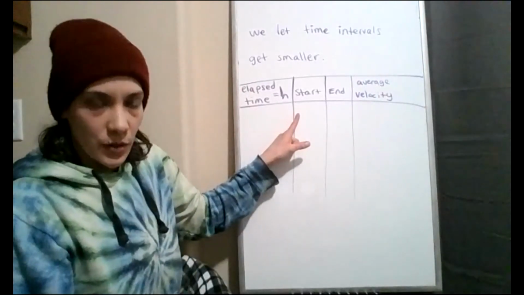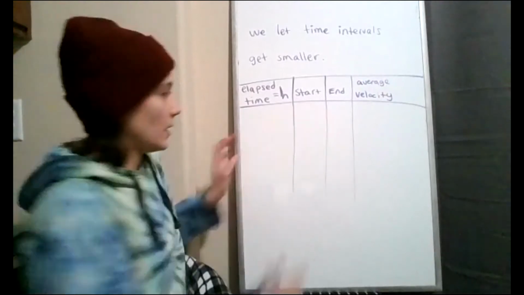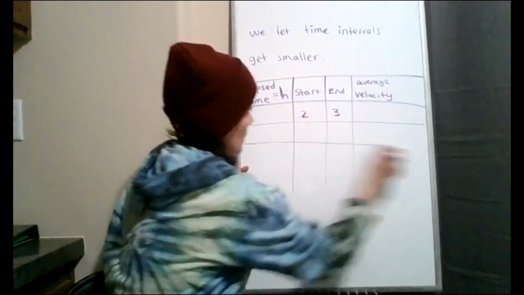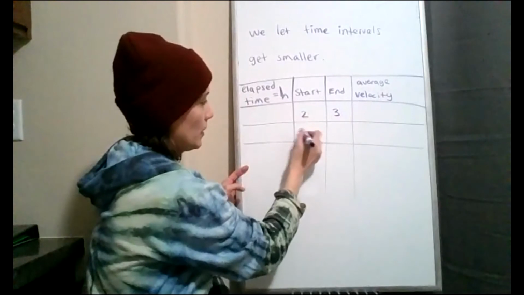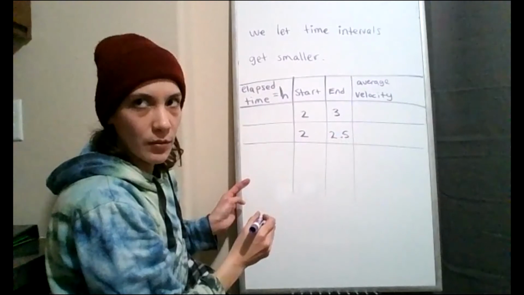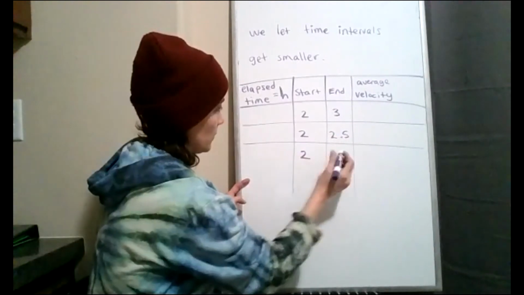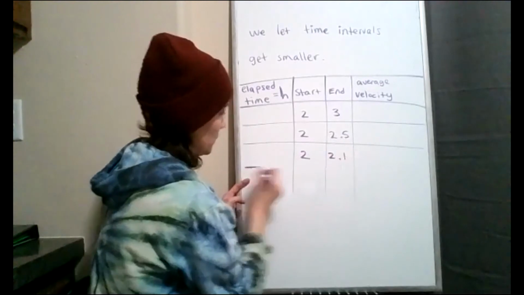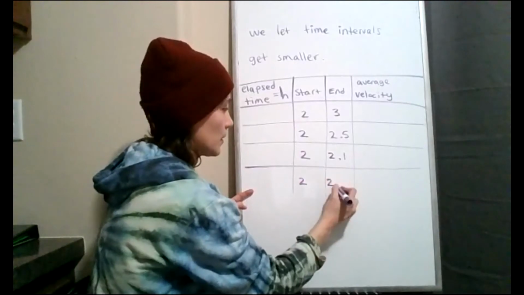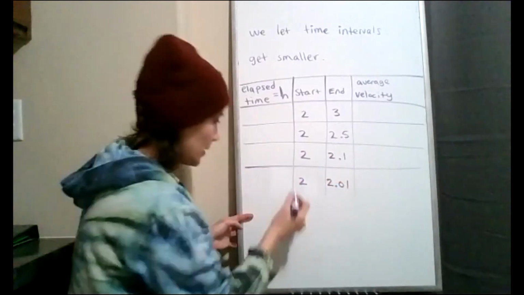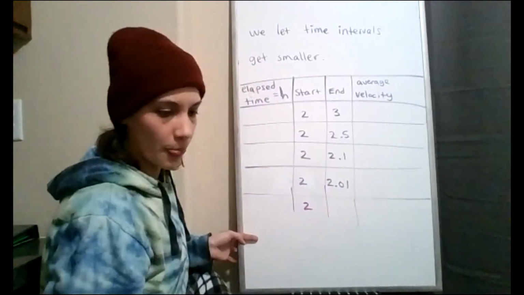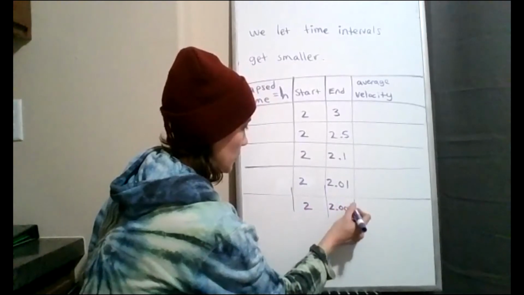So I made my intervals go from 2 to 3, and then 2 to 2.5, 2 to 2.1, 2 to 2.01, and one more, 2 to 2.001.